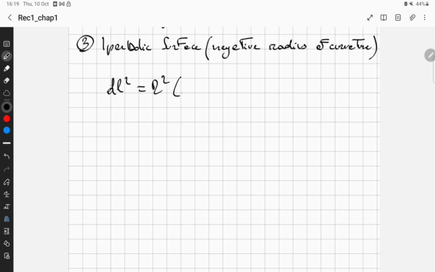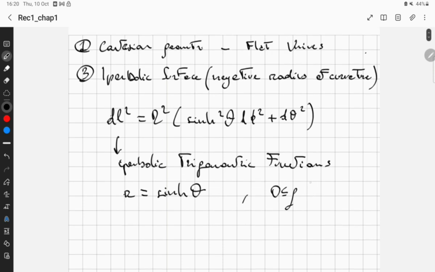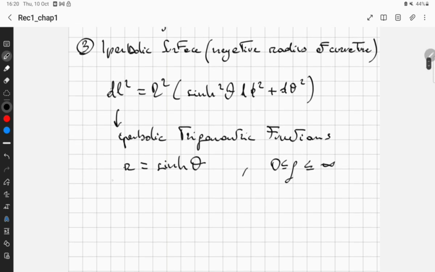So this is the metric described using hyperbolic trigonometric functions, r equal sinh of theta, and rho defined between 0 and infinity.